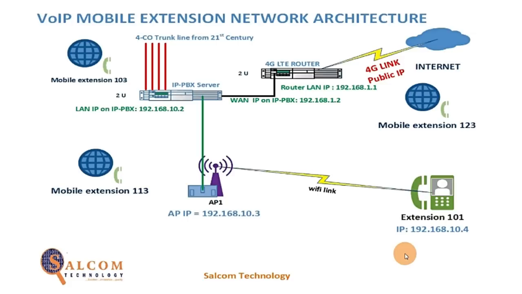Meaning that this has been established, extension 101 can now call extension 123, and 123 can call 101, and both of them can call each other. What you are doing within the office can also be done from external.